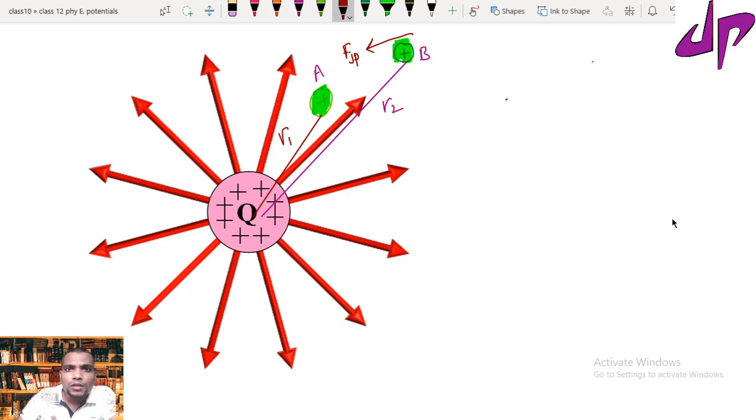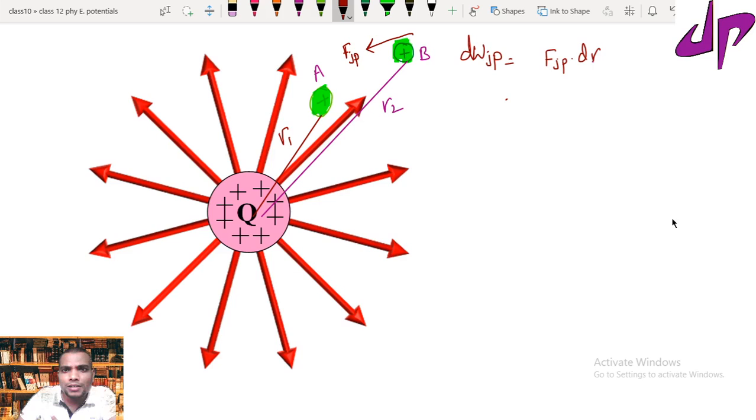So what is the work I did? The work done by me equals the force applied by me times a small displacement dr. That is a small work.